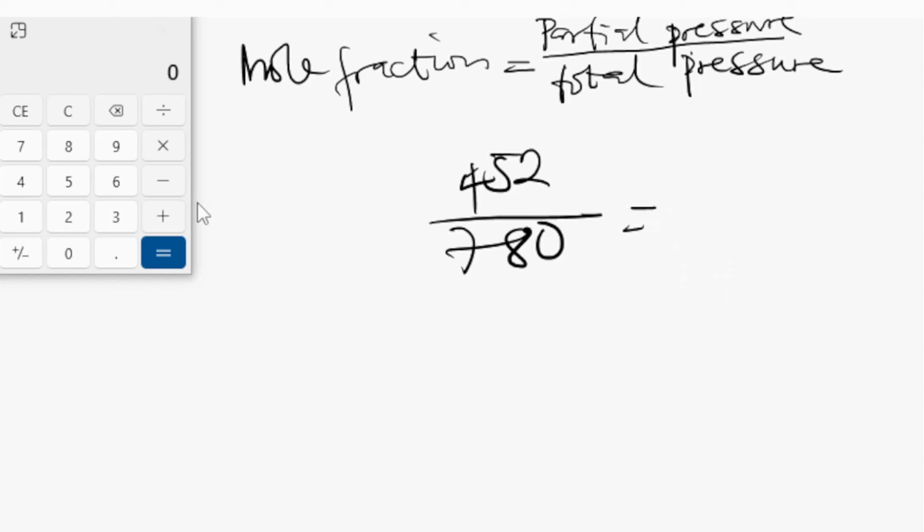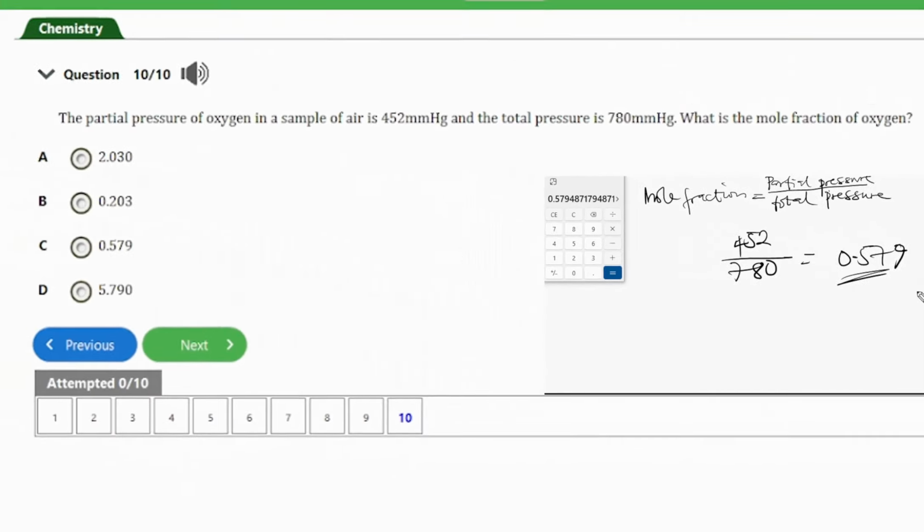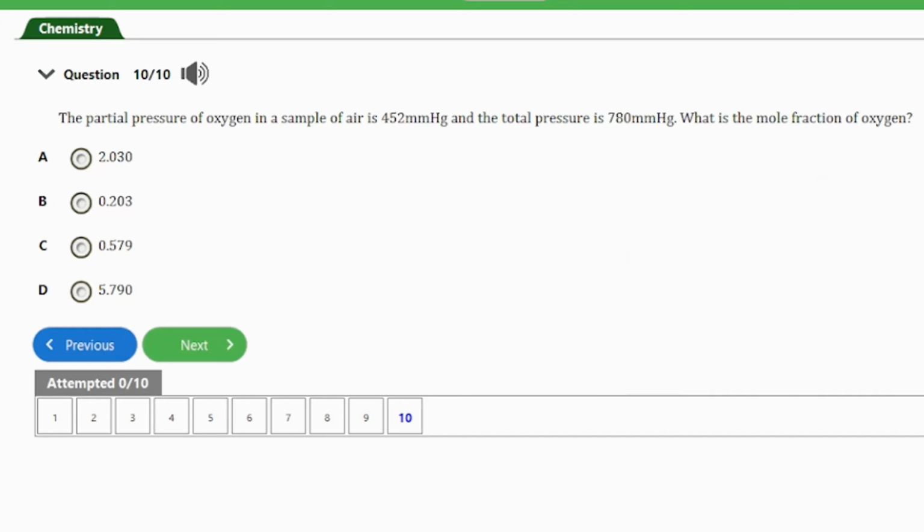So guys, with this, 452 over 780, that will be 0.5794 whatever, and guys, that's 0.579. So guys, that's the answer to this question, and over here it's option C. And guys, let's go ahead and wipe this. So this is where we'll end this video for today, guys.